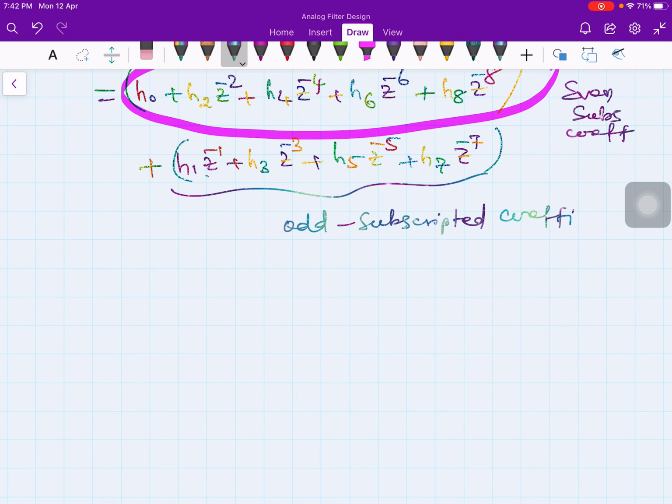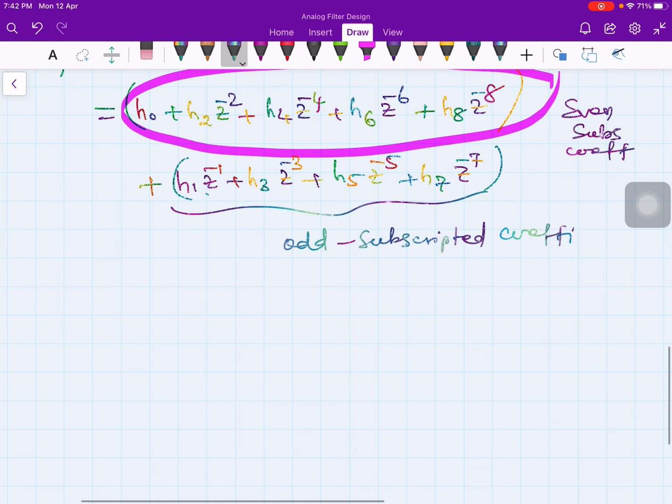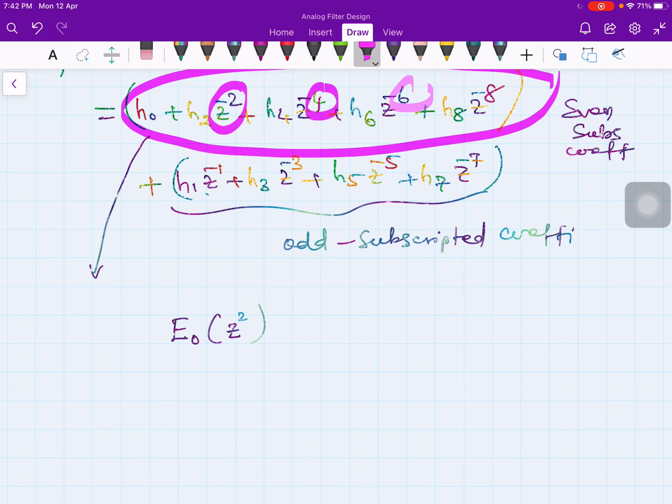And obviously I can write this even subscripted part as E0 of z squared, because the powers of z here are 2, 4, 6, 8. So I have written this 2 here. They are powers of z squared.